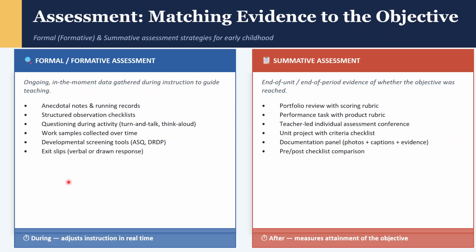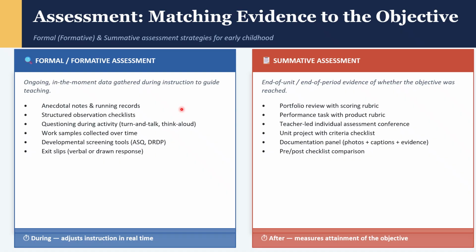So the next part of our objective writing is assessment. How will we know that they're able to explain differences in a story, or they're going to be able to write their name? How will we know? So there's two general types of assessment.